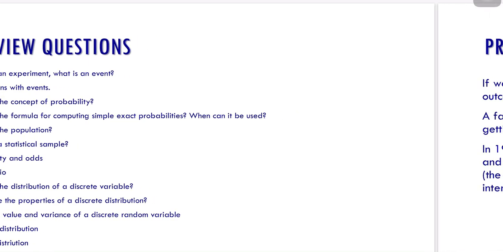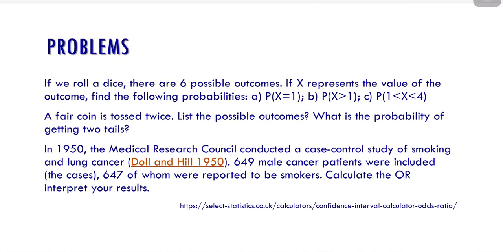It is one of the important parts. For calculation problems with these methods, for example in rolling a die, we can find the odds ratio, or we can find the possible outcomes and probability.